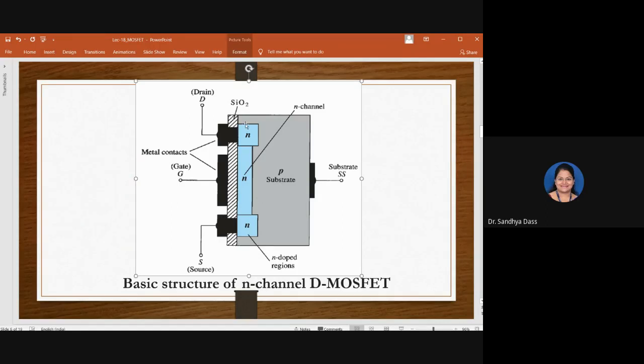The construction is there will be a P substrate, P-type semiconductor material, on which highly doped N-type material will be embedded, with the connection between this N well and this N well forming the channel, all right?